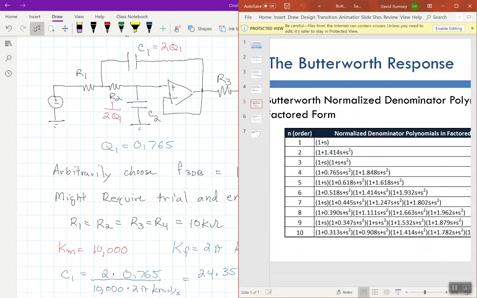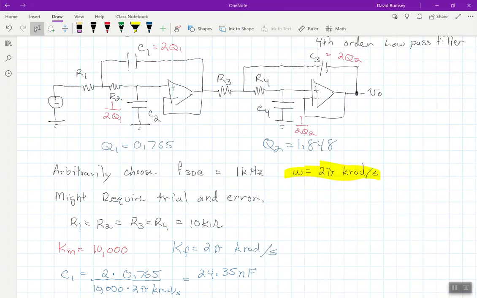You'd have to use different values for your Q factors. If you used a 6th order filter, notice the 3 different Q factors that you would have, and you'd have 3 stages. I would recommend just doing a simple 2-stage unless you've already done something else. And so this is a way to get the 4th order low pass.